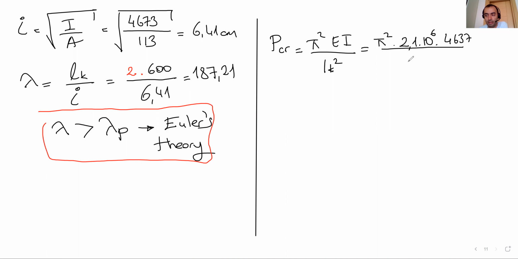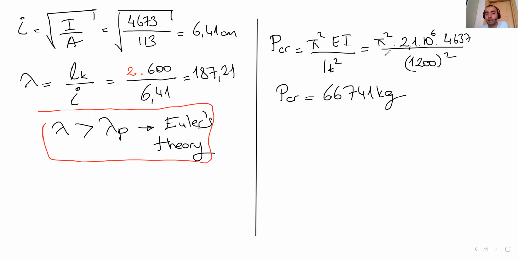LK square. So here, the P critical is this one, 66,741 kilogram.